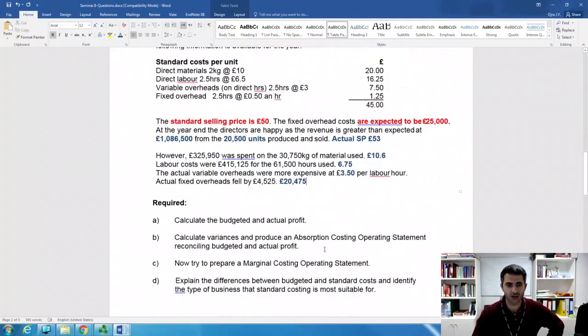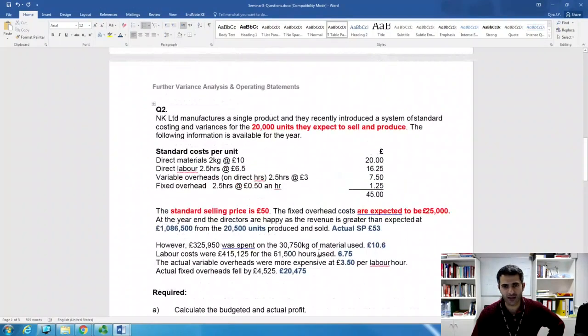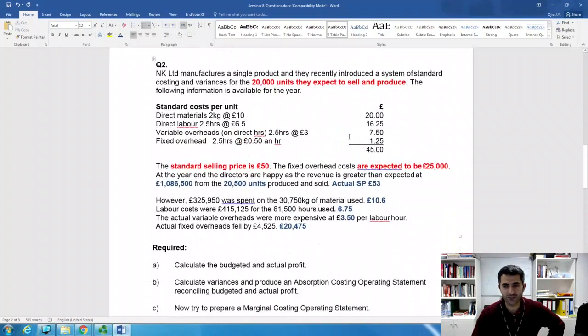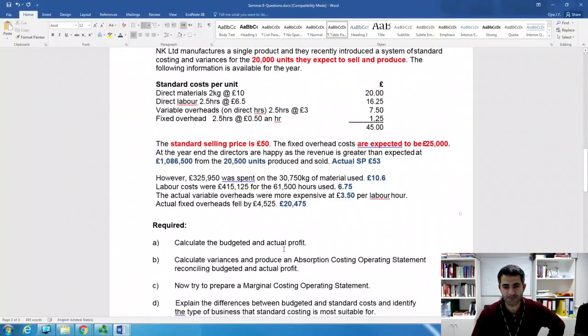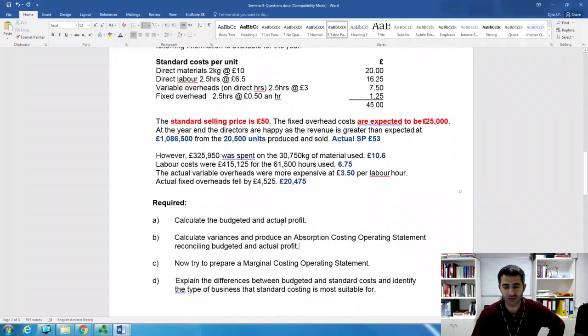So the question asks you to calculate the budgeted profit and the actual profit. You need to remember something: when we do the variances or the operating statement, we have two methods, absorption and marginal.